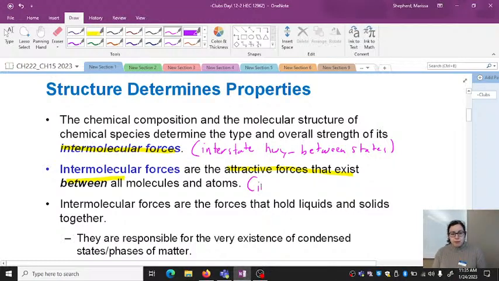This would be different from intramolecular forces. Those are what hold the atoms together, so everything that we've been talking about, our sigma bonds, our pi bonds, all these would be intramolecular forces. So we're not talking about those.